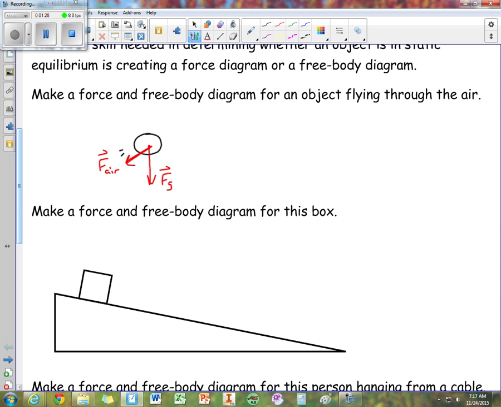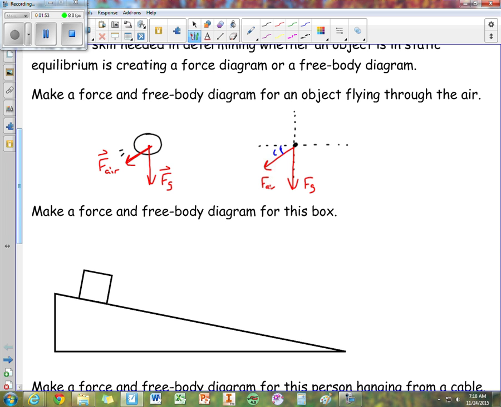For our free body diagram, we represent the ball as a dot, and we can go ahead and draw those forces on here. Now, notice that this force for the air is not on an axis.